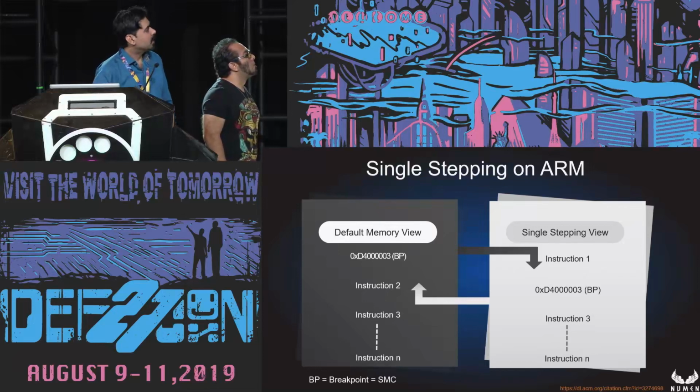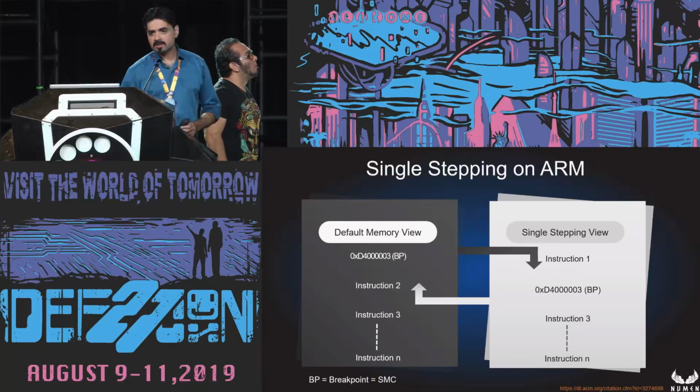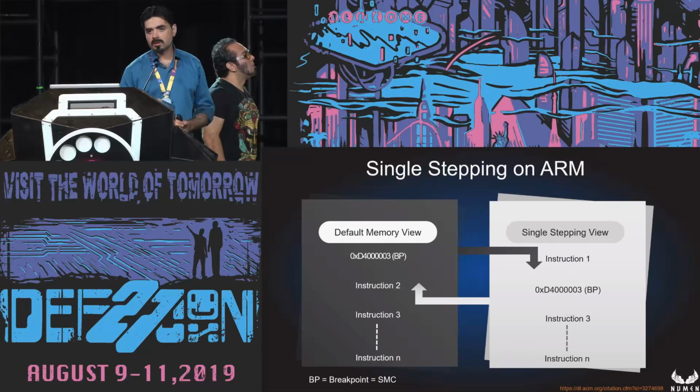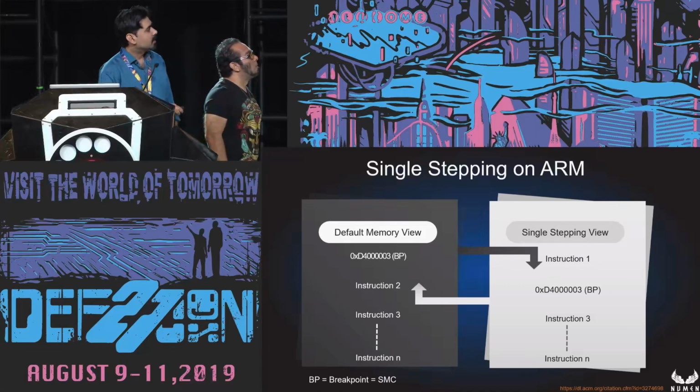Now what will happen? The control is in the default view, and once the first breakpoint hits, you do your analysis. You want to get the syscall. You note down all the parameters, what process called that syscall, whatever analysis you want to do. And then you switch the view, and the control will go to instruction 1 in the second view.